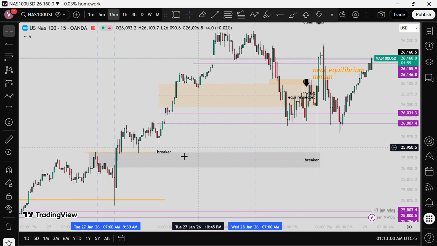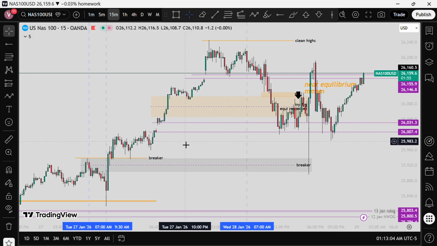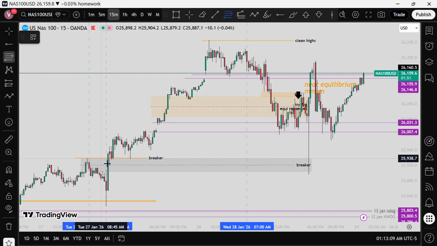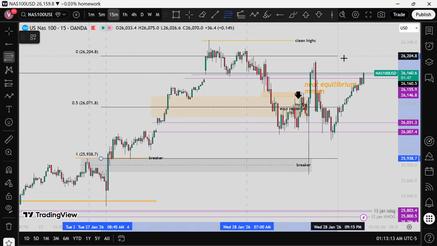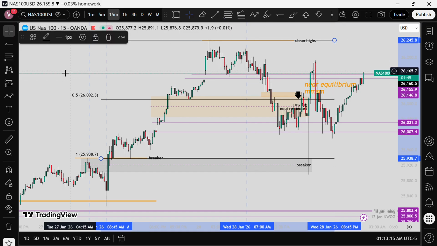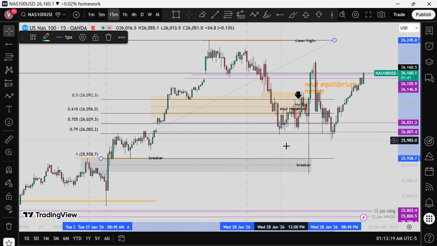So if we go with the CISD plus OTE model, then we can extend our OTE from this breaker block to the clean highs, and let's do OTE, and there you go.